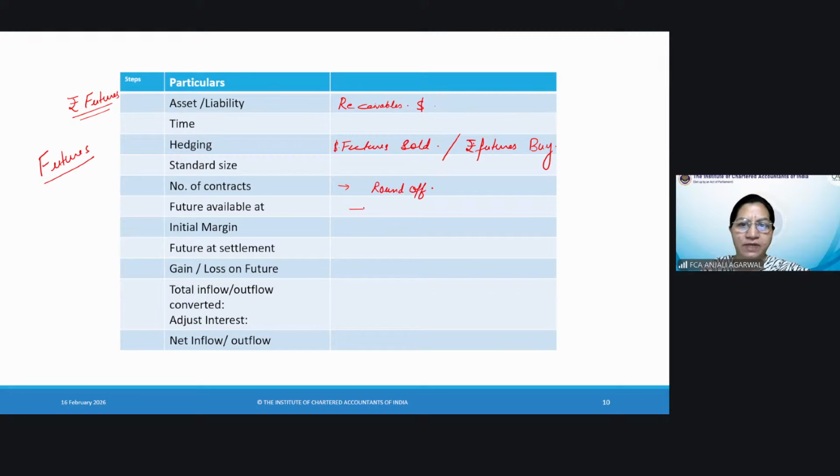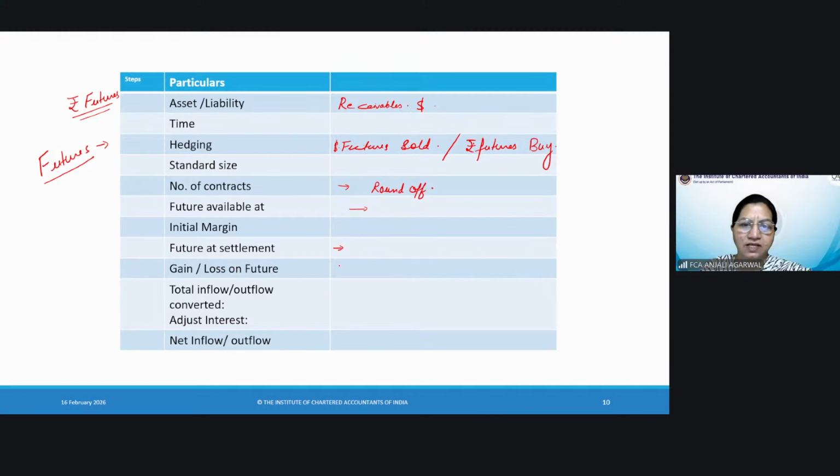Futures will be available at a given price, and there would be a futures price at the time of settlement. So my point here, which we were doing in the last session: if you have receivables, you will sell dollar futures. But if dollar futures are not available and futures of the opposite currency are available, you will reverse your position and buy rupee futures, right?